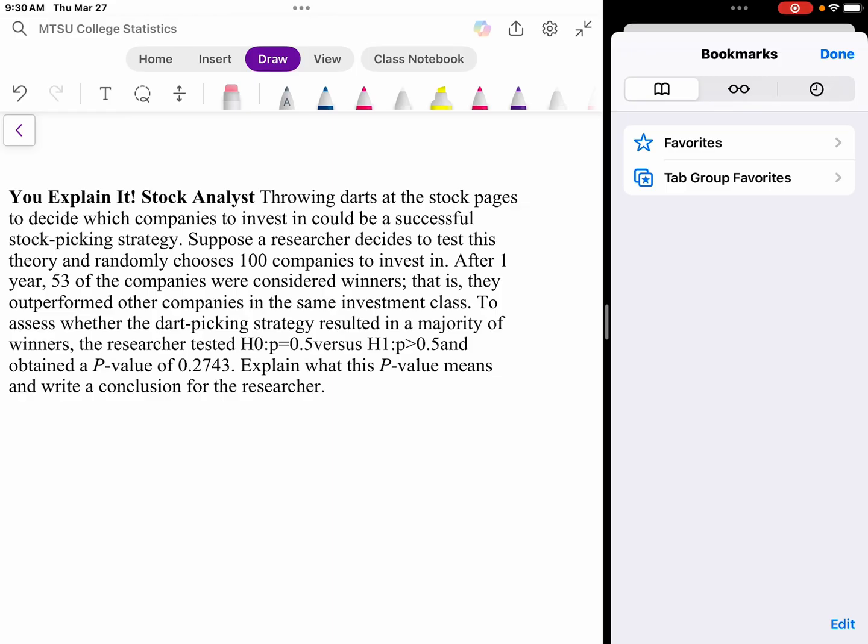To assess whether the dart picking strategy resulted in a majority of winners, the researcher tested the null hypothesis of 50% versus the alternative of greater than 50%, and got a p-value of 0.2743. Explain what this p-value means and write a conclusion for the researcher.